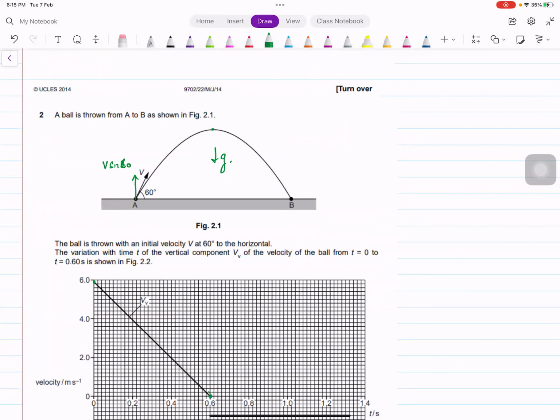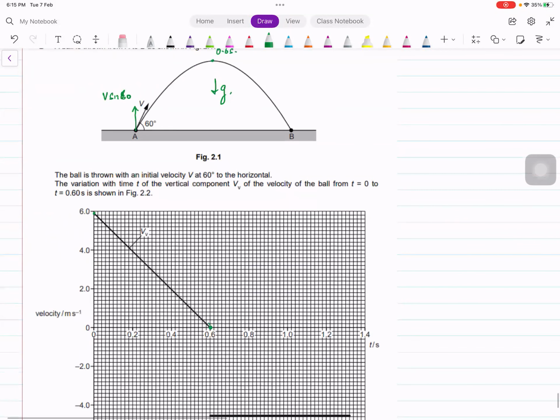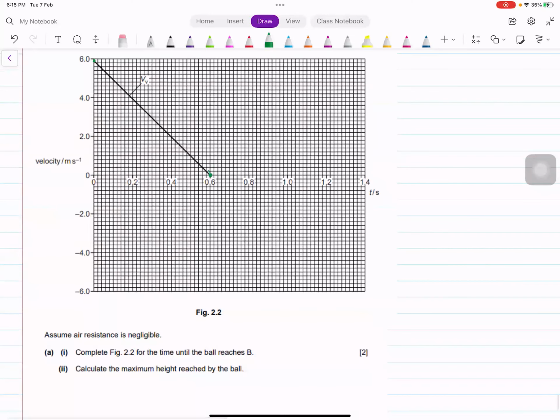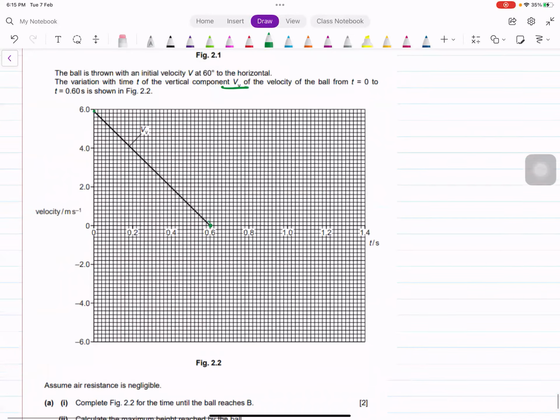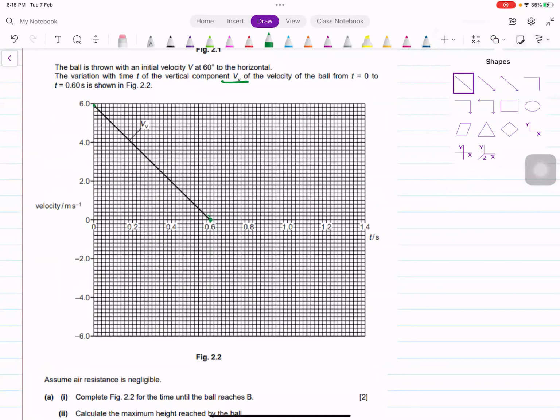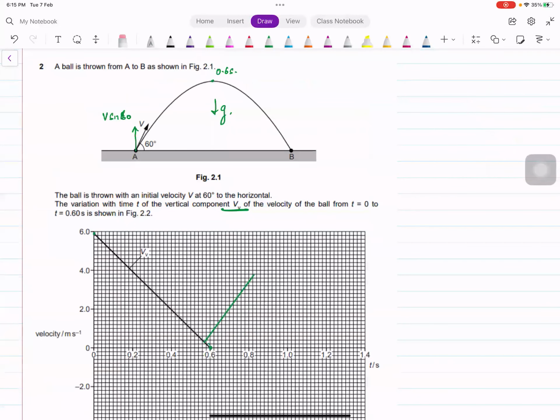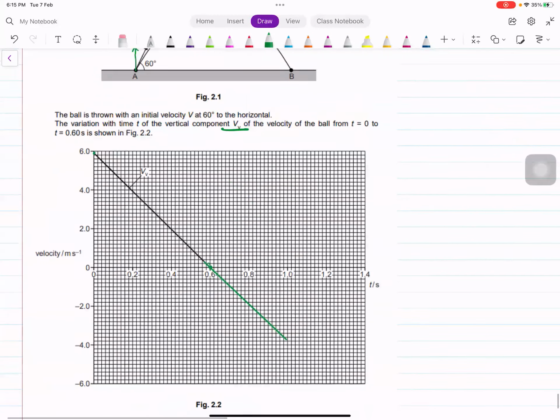So this is the point where the time is 0.6 seconds, because the vertical velocity is zero. This is the vertical velocity. If they ask you to complete this, all you need to do is carry the line forward. Just carry the line forward.